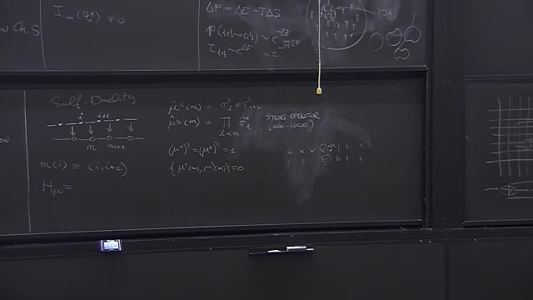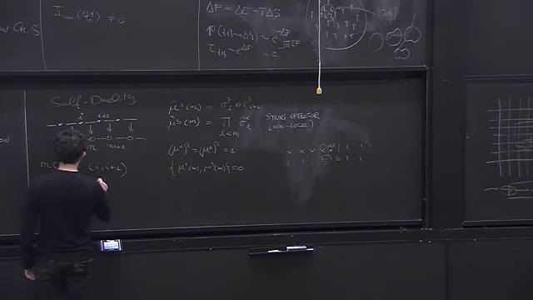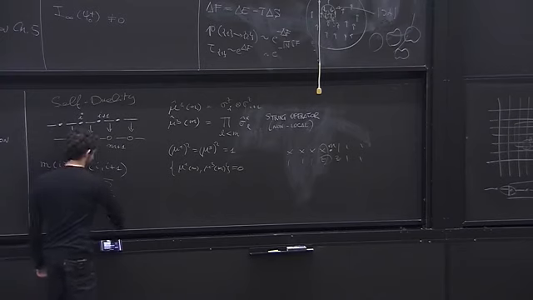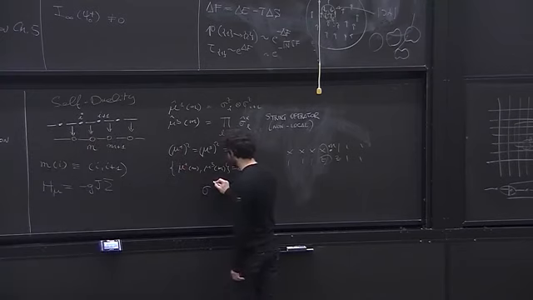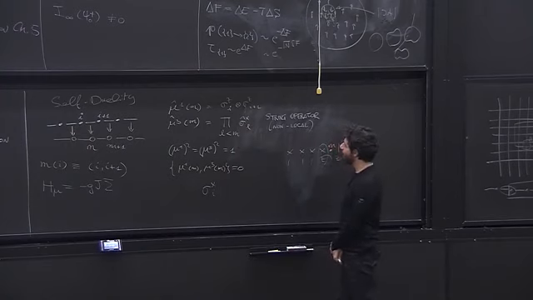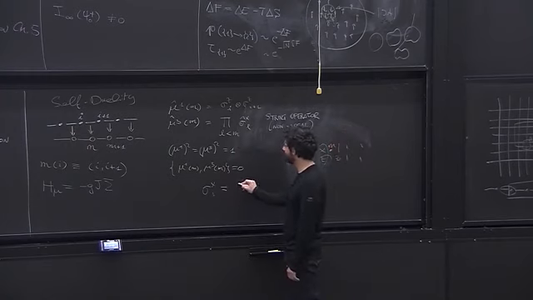So my Hamiltonian after the duality transformation is minus G, the sum over, so what is sigma x i? Well, we don't know, but look at this.